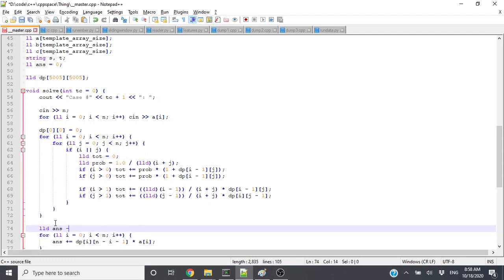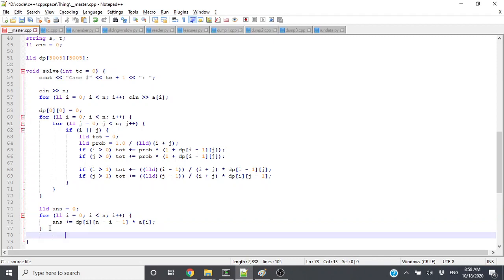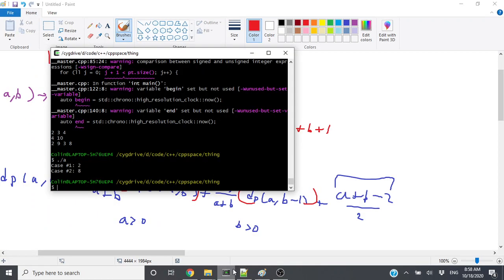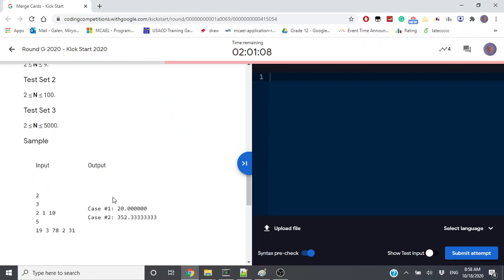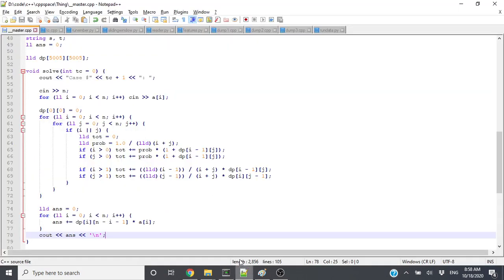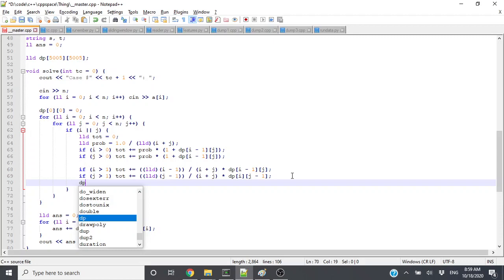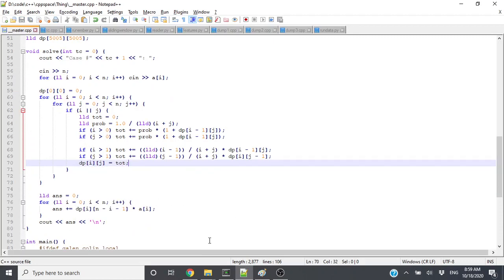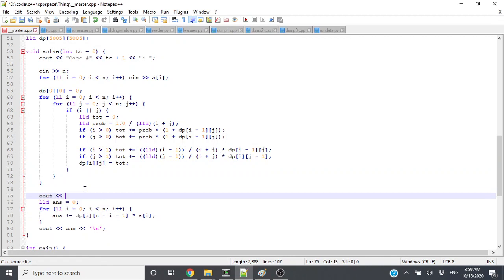Cool. DP i, j equals tot. And then cout set precision 17, or just, I don't know, 10 fixed.